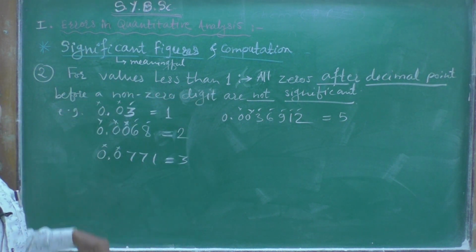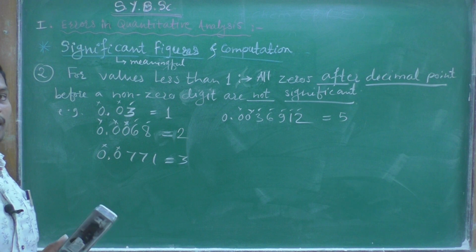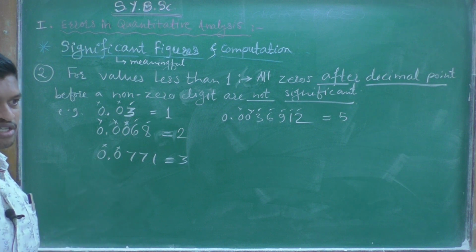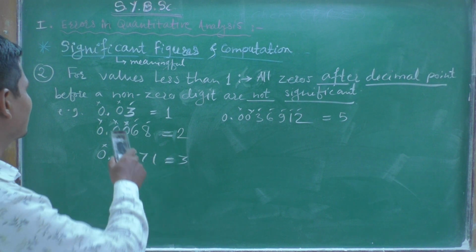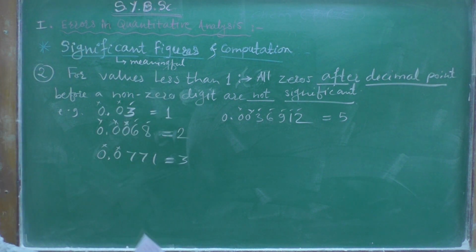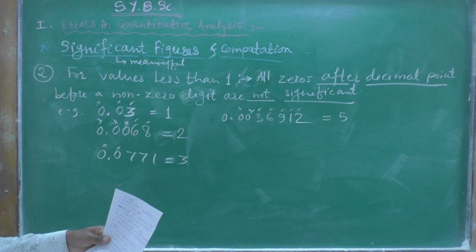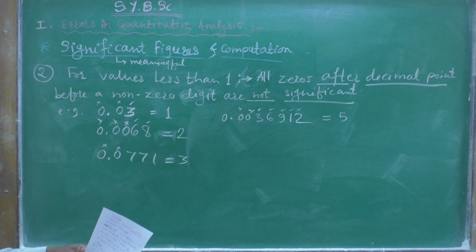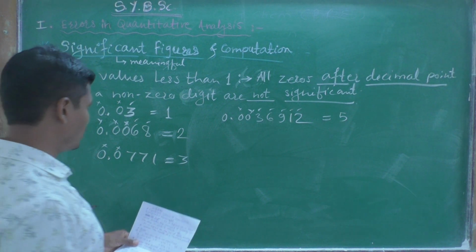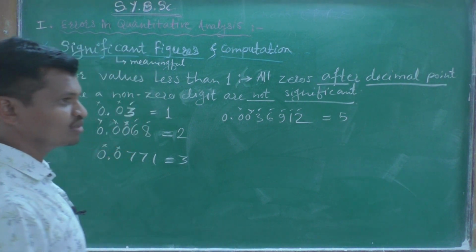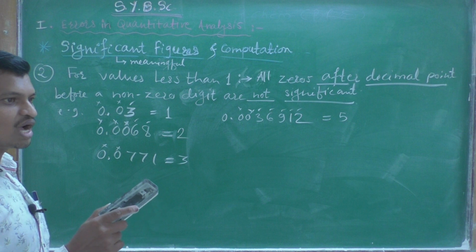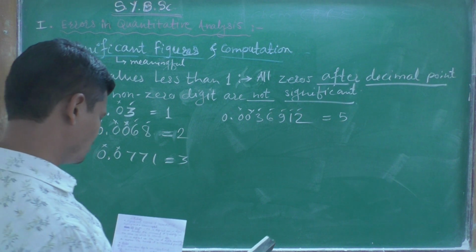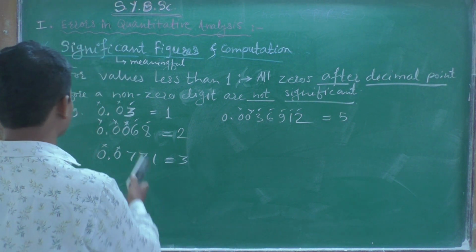This second rule is related to the number of zeros after the decimal point in values less than 1. Now the third rule is for the values greater than 1. For values greater than 1, we have to find out the significance of the zeros after the decimal point.